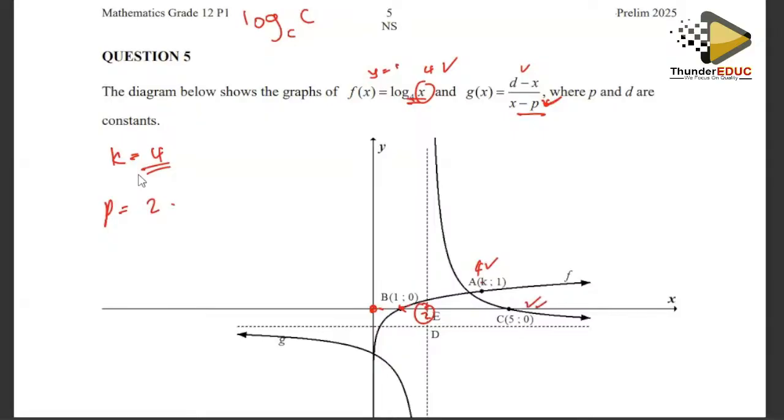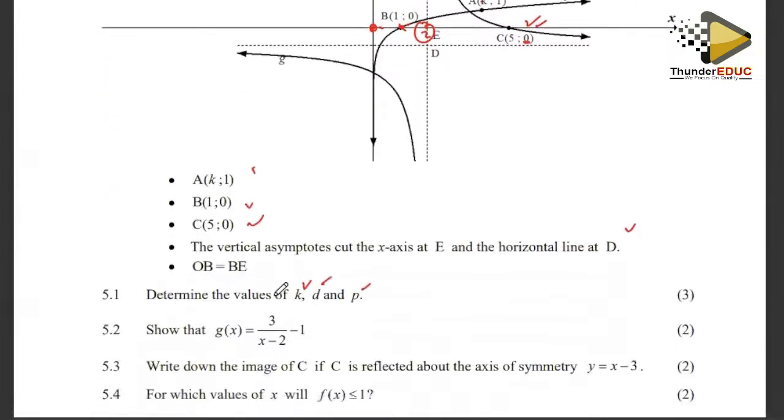Let's use C, because it's also part of the graph. So where there is y, I'll put 0 equal to (d minus 5) over, we said, x minus 2. So cross multiply, meaning that d is going to be 5. Okay, so that is how we get those 3 values.